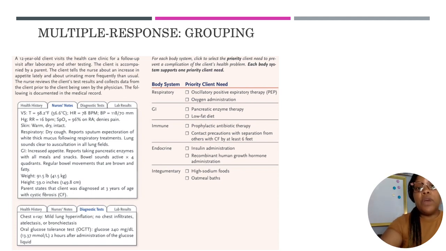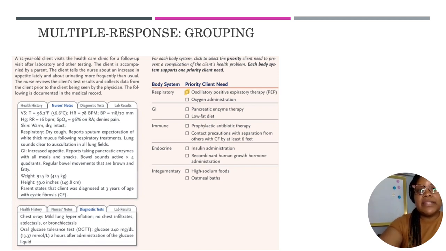So we want to mobilize those secretions so that patient can be free of mucus. So you see how important it is not only to know what cystic fibrosis is, but also to know what your oscillatory positive expiratory therapy is. Because if we didn't know what that was, we wouldn't have been able to answer this question. But we would have been able to with the process of elimination, knowing that this patient did not need any oxygen because they're 96 at room air.